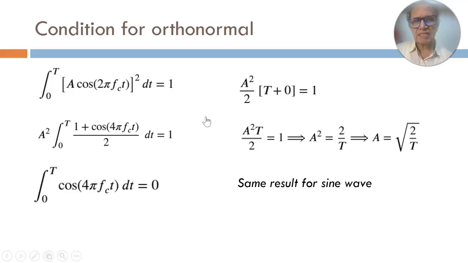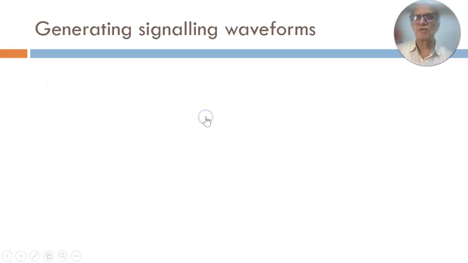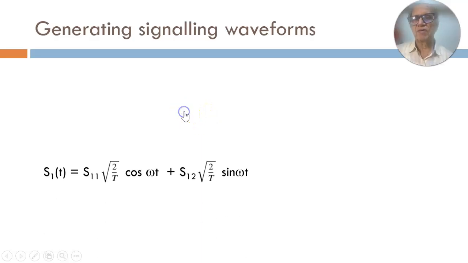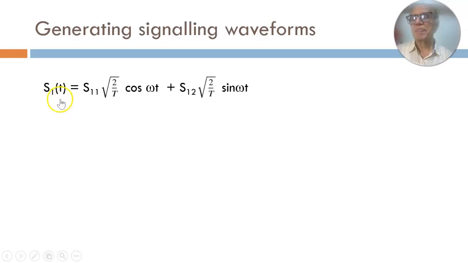And in our previous lecture, we have seen that by using orthonormal functions, we can generate various signaling waveforms. So again, let us see in the light of this how to generate various signaling waveforms. Remember, let's say S1(t), that is the signaling waveform for one particular digital word, maybe 00 or whatever.